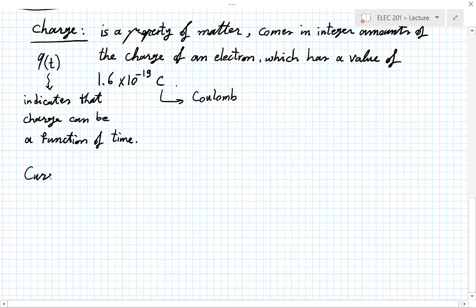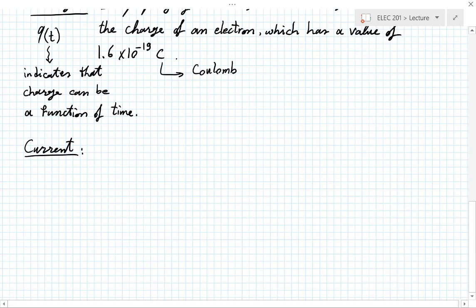Then current. We talked about this last time, so I'll remind you very quickly. If you have a wire or a circuit element through which charge is flowing, the flow rate of charge is current.